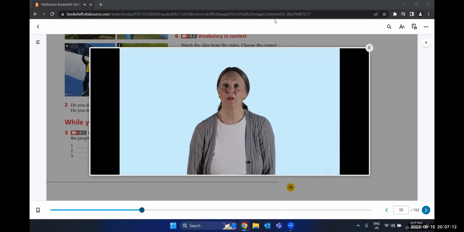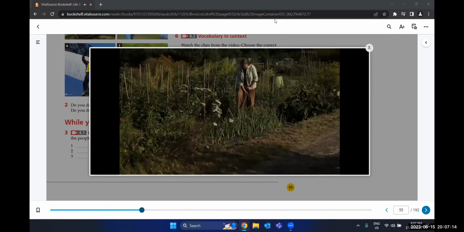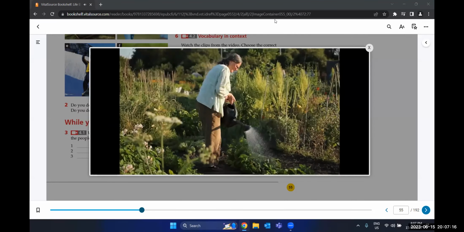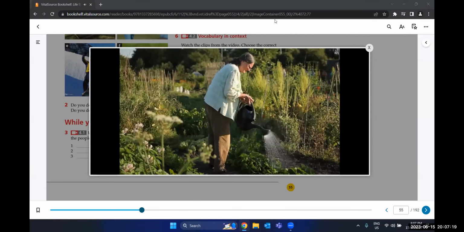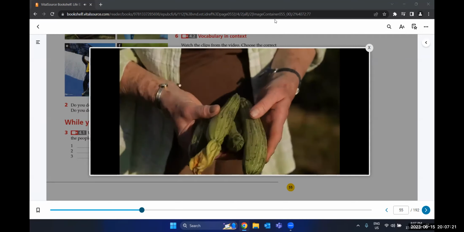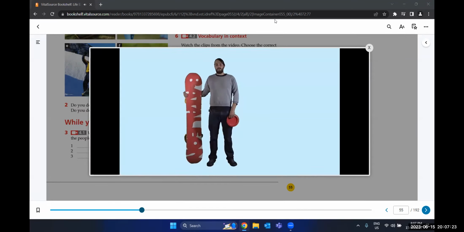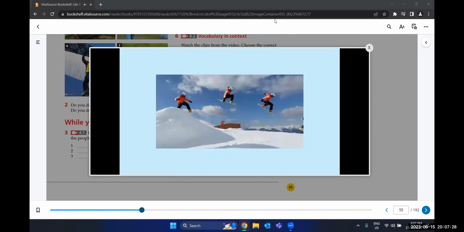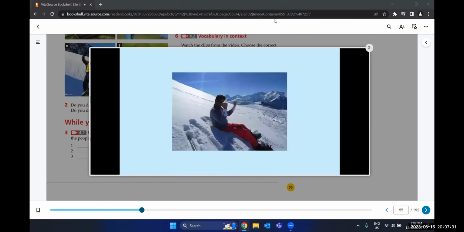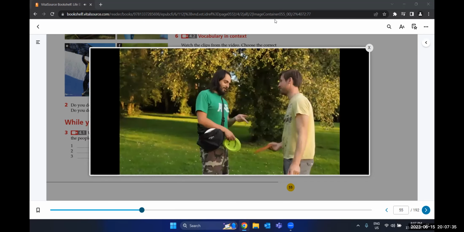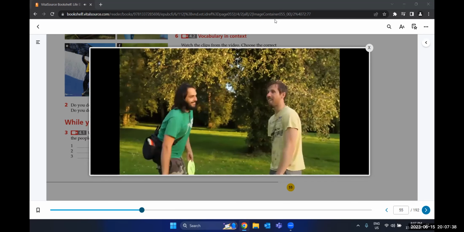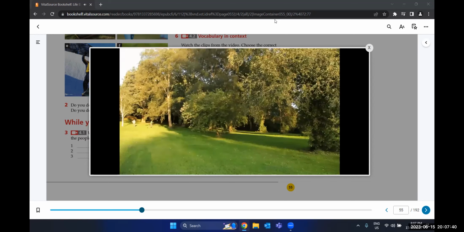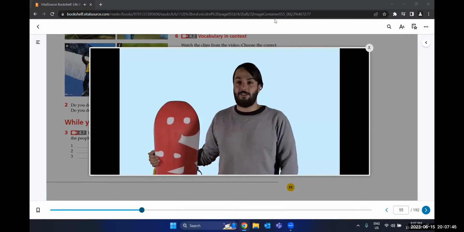I enjoy doing it because I like the fresh air and enjoy eating the vegetables we grow. I enjoy snowboarding because you spend time in really beautiful mountain scenery. It's also a nice way to take a holiday and keep coming back feeling very refreshed.